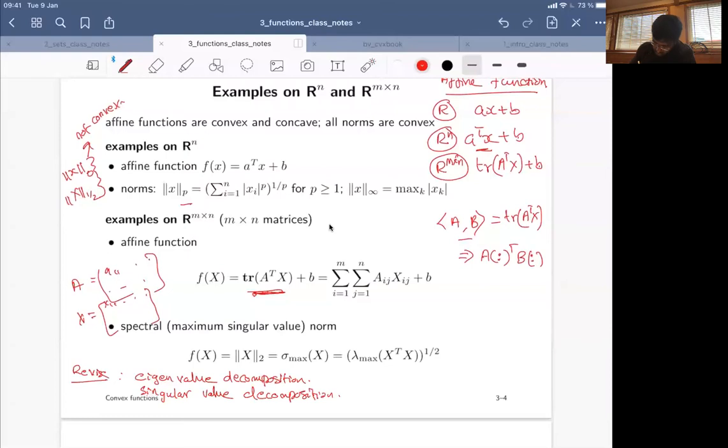Okay, these two topics. I think a short description is given in the appendix of the optimization textbook by Boyd. So you can revise that.